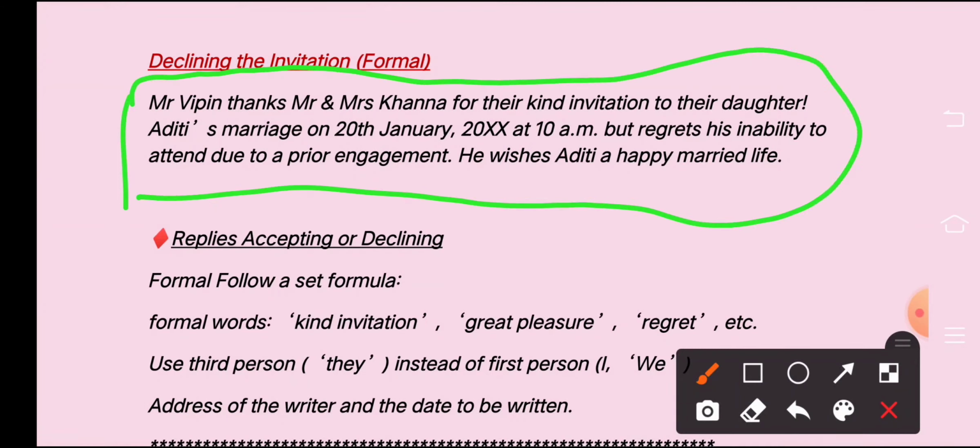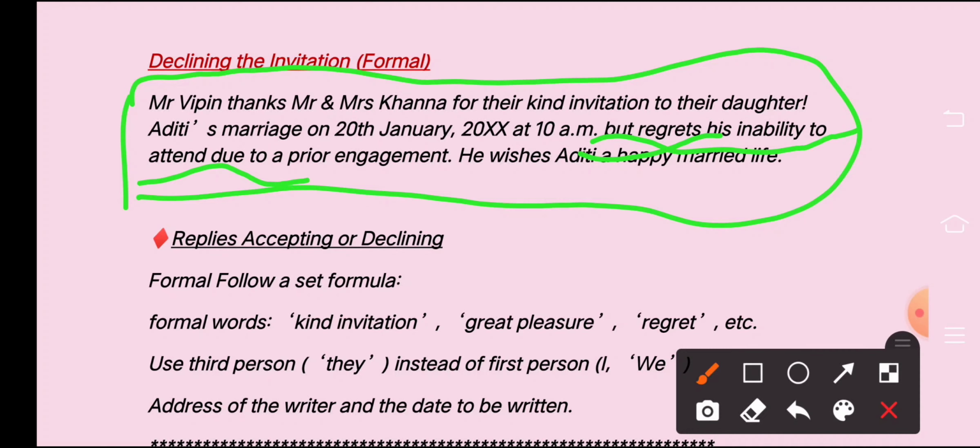Mr. Vipin thanks Mr. and Mrs. Khanna for the kind invitation to their daughter Aditi's marriage on 20th January at 10 a.m. but regrets his inability to attend due to a prior engagement. In this line you may notice that he is specifying the reason for refusal, that due to a prior engagement he cannot attend.